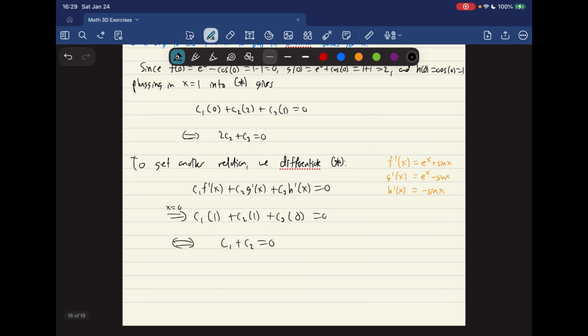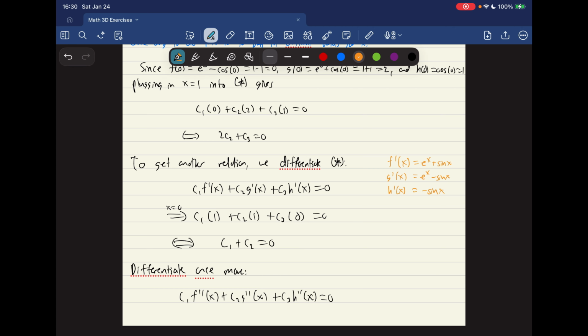Let's get one more. Again, we have 3 unknowns we're trying to solve for, so it makes sense to get 3 equations. And so for this, I'm going to differentiate once more. And so now I get c1 f double prime of x plus c2 g double prime of x plus c3 h double prime of x equals 0.